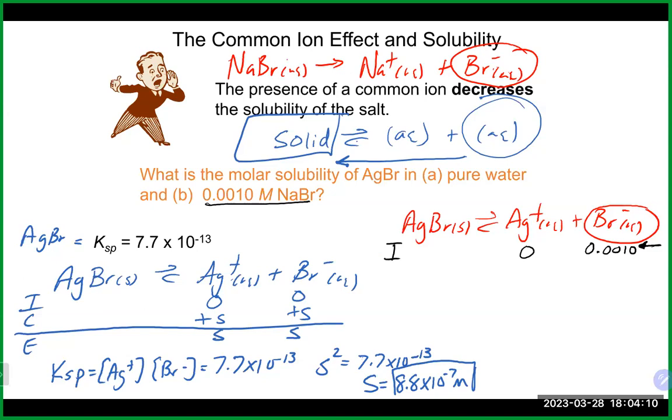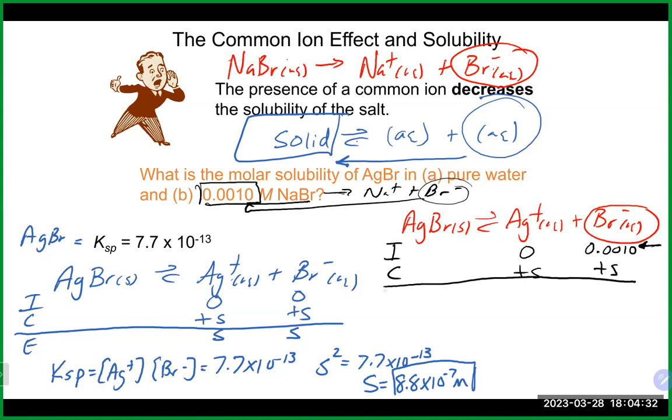It is a 1-to-1 relationship, so this concentration and this concentration will be the same in this case. The rest of the table is going to be very similar, plus S and plus S. This means when we reach equilibrium, we will have S and 0.001 plus S.